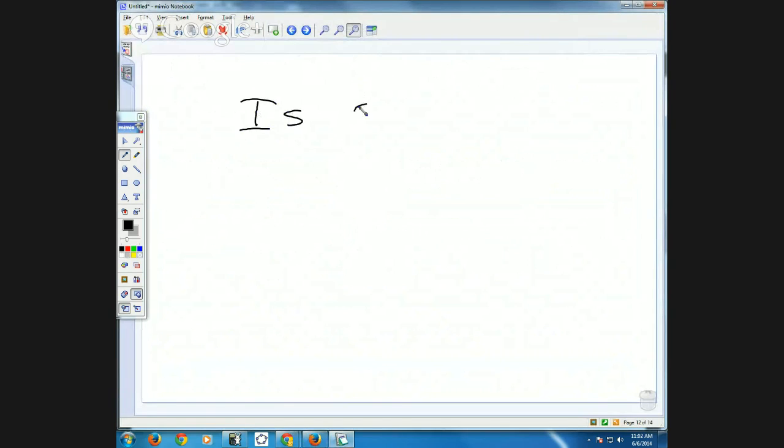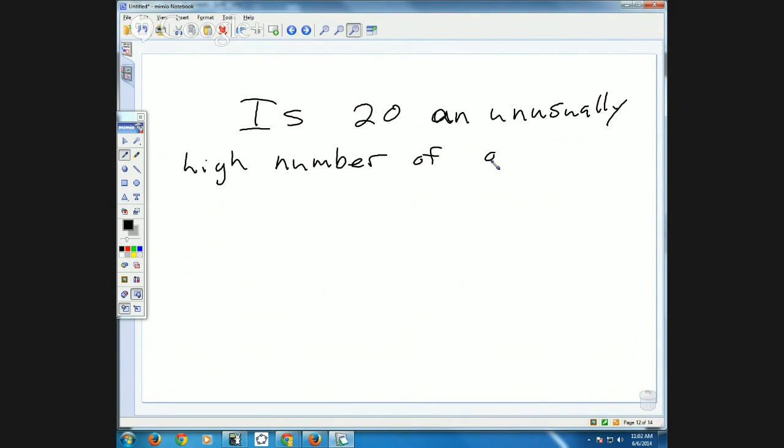Is 20 an unusually high number of graduates, if what is expected? If 17 is expected, 17% of 100 would be 17, is expected. So that'd be another way to phrase this question. So expected, there we go.